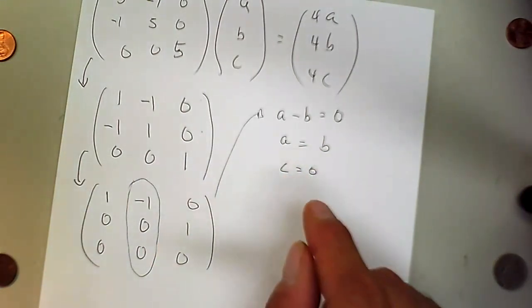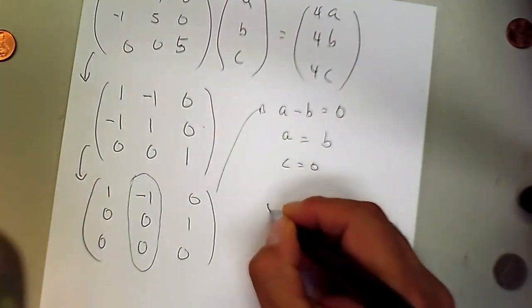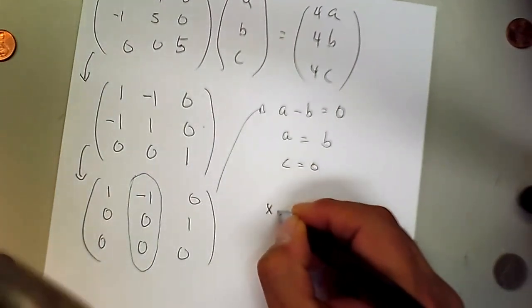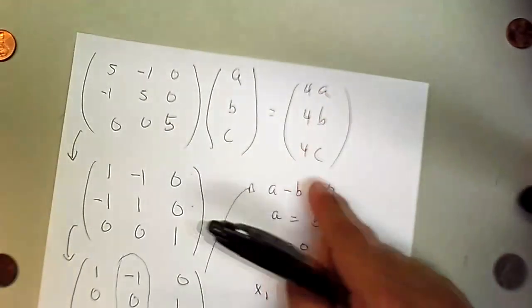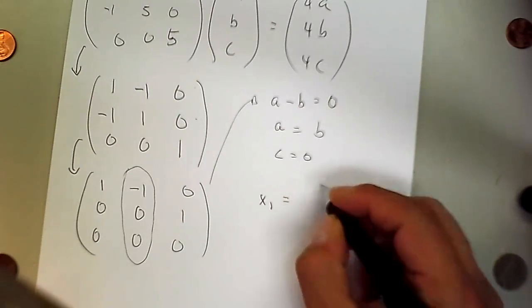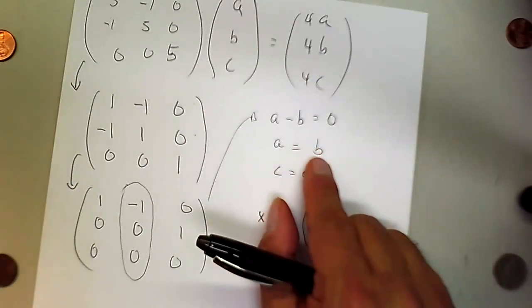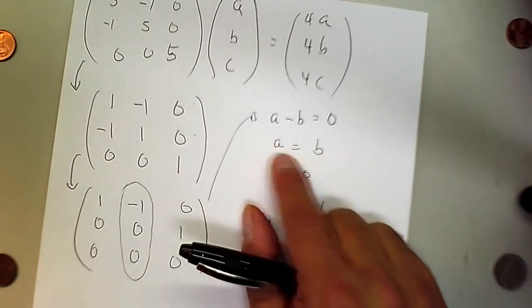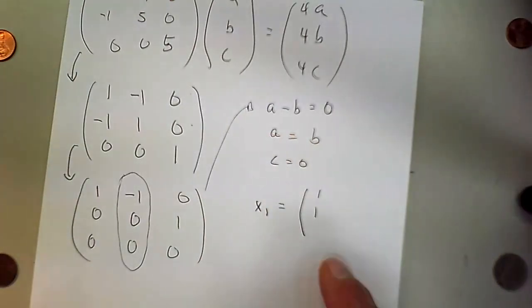So the eigenvector, which I'm going to label as x1, corresponding to lambda 1, which is 4, will be 1, 1, 0. I can just pick B to be 1, A to be 1. That's simplest at this point.